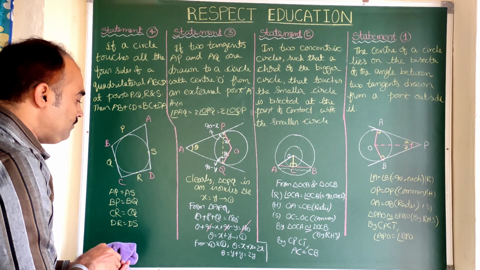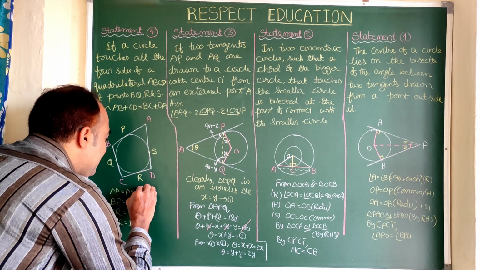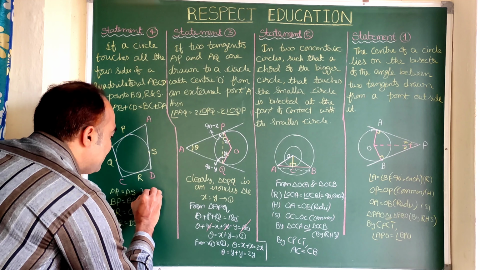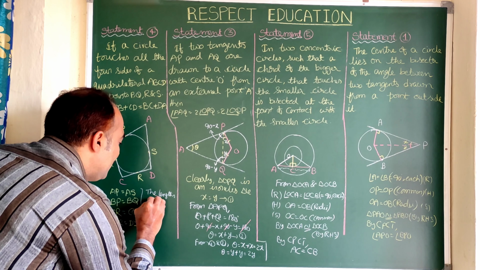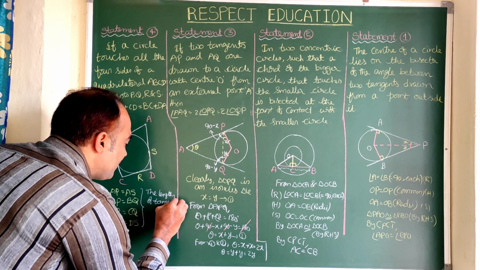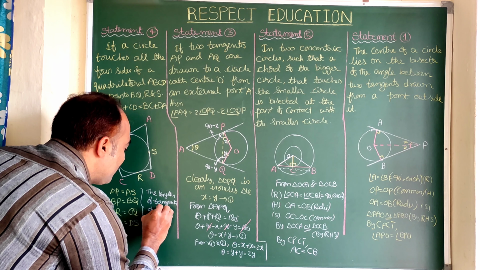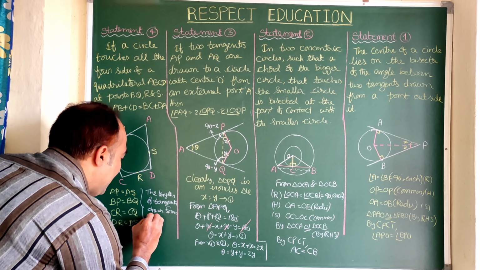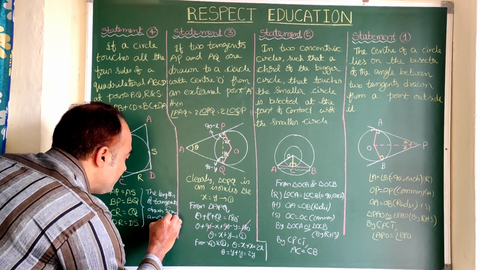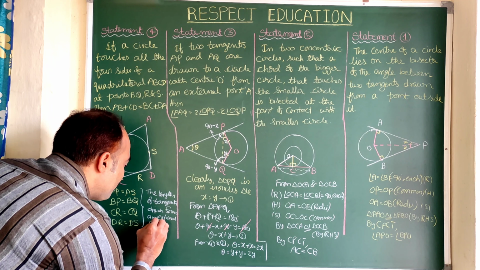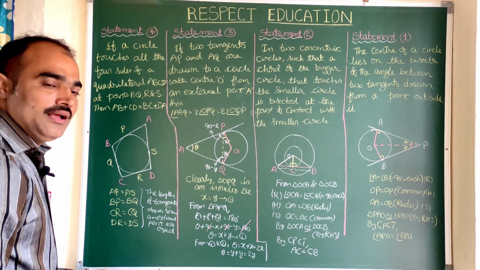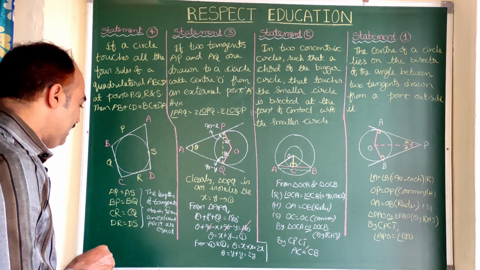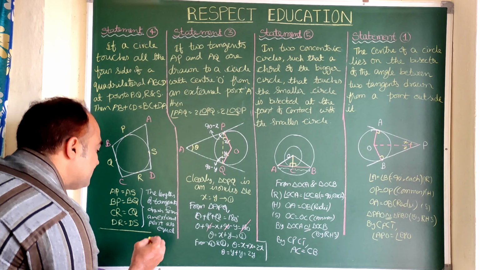For all the four, the common reason is the same: the lengths of tangents drawn from an external point are equal. Now it is very simple, let us add all the equations.